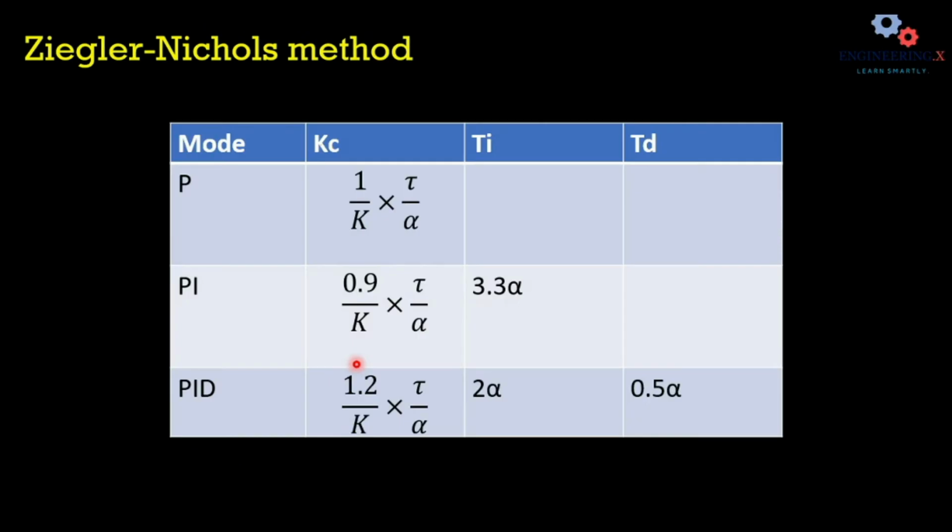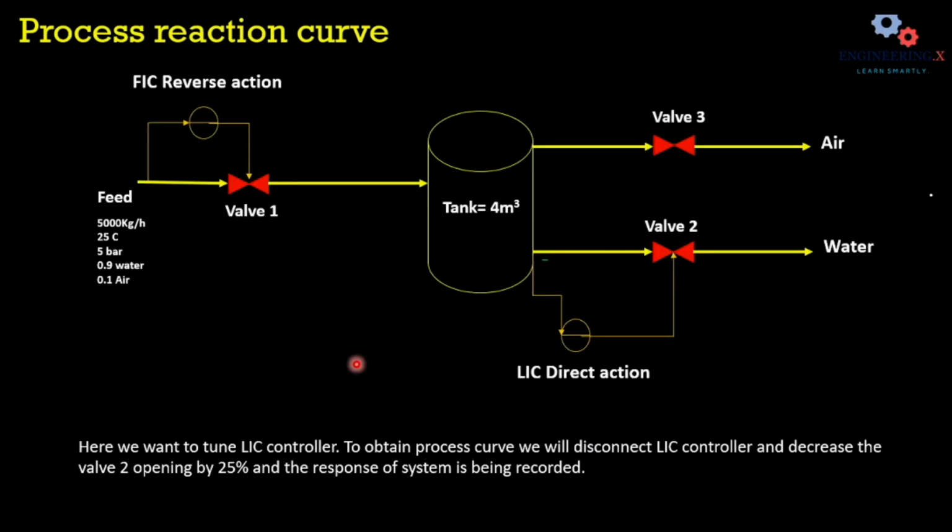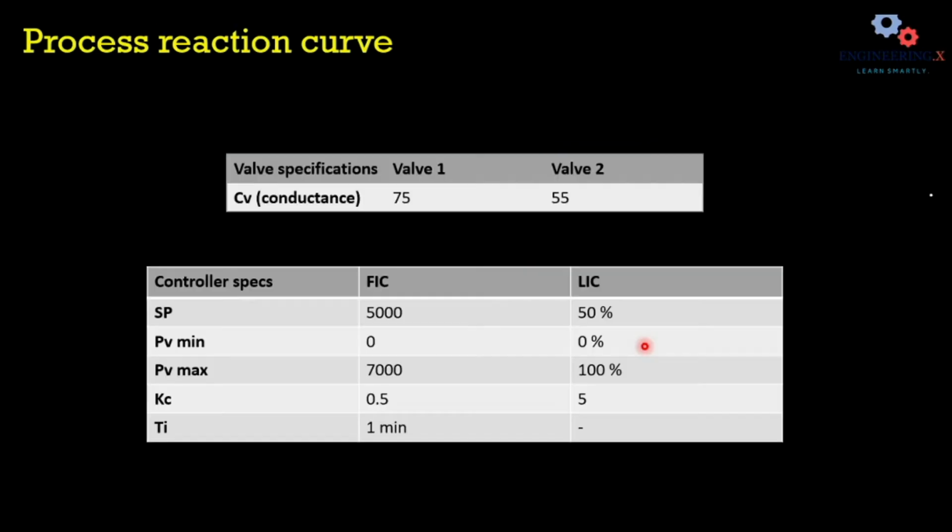Now we are going to Aspen HYSYS to build this flow sheet, and then we will move to the dynamic simulation. Then we will introduce the sizing values of these two valves and the controllers, and we will see initially the response of the level indicator controller.